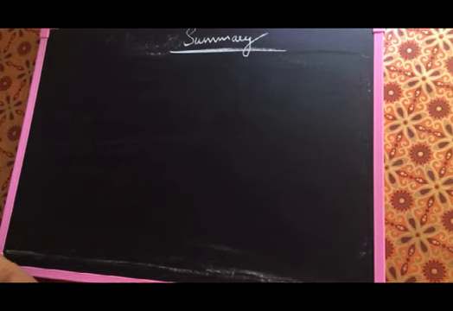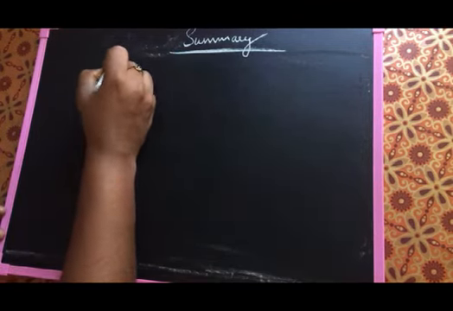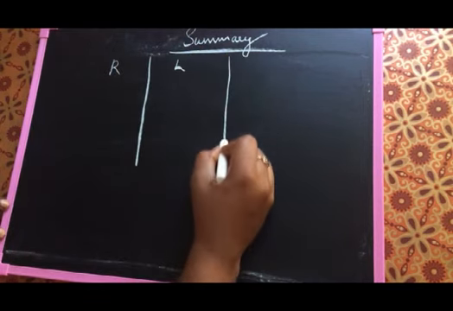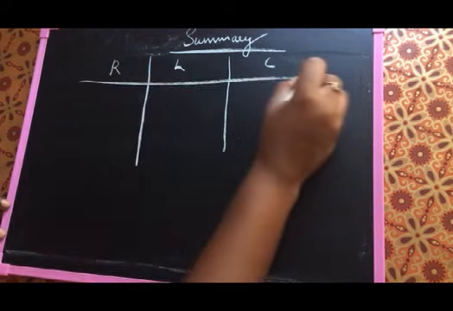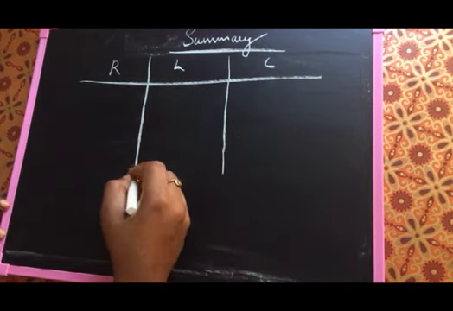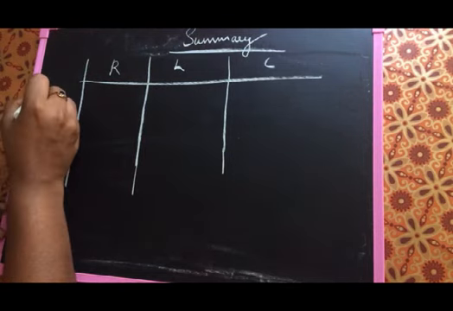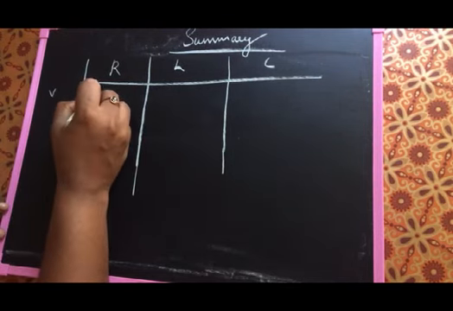Okay, so we are going to summarize the purely inductive, resistive and capacitive circuits. I am going to draw three columns: resistance, inductance and capacitance. We'll start with the voltage equation.